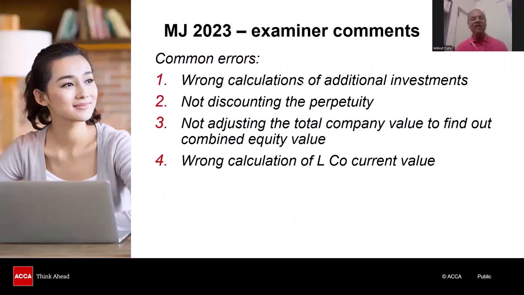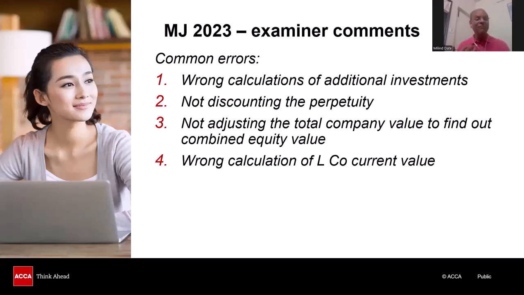So the common areas where mistakes could be made would be these generally. Wrong calculations of additional investments. Generally it is given that additional investments are like so many cents per dollar of the increased revenue or increased cash flow, something like that, which is tested even at the AFM level.